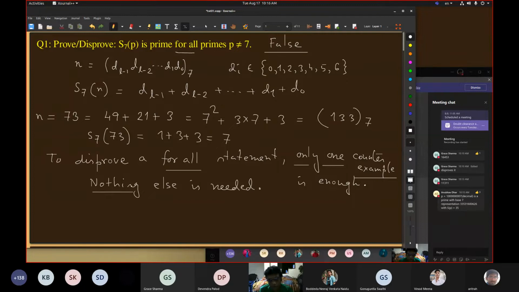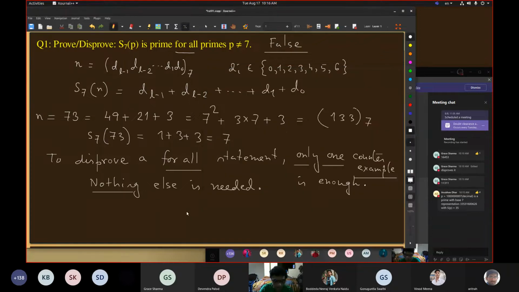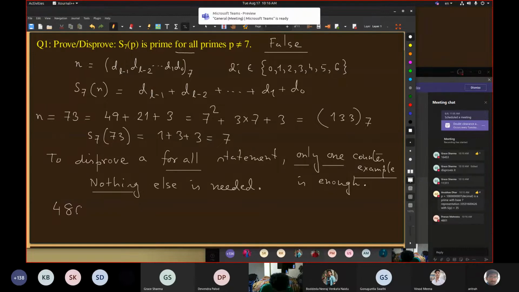Formally, this settles the issue. But maybe it's a good idea to see why these counterexamples are so large, like 16453, 11311, and this is something pretty huge. In fact, I can give you the smallest counterexample. That turns out to be 4801.